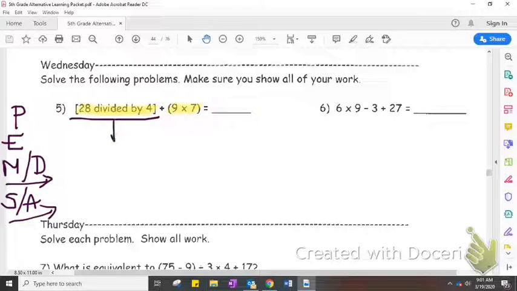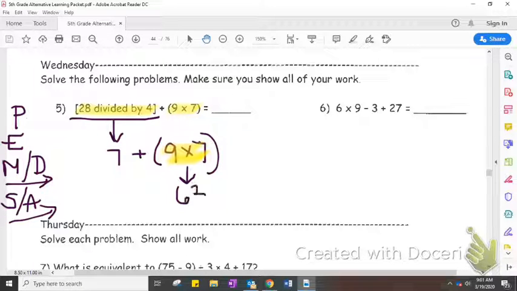Okay, 28 divided by 4 is 7. Then I bring down the rest of the problem. All right, I still see parentheses, so I can't cross that out. 9 times 7 is in parentheses, so I can simplify that. 9 times 7 is 63.